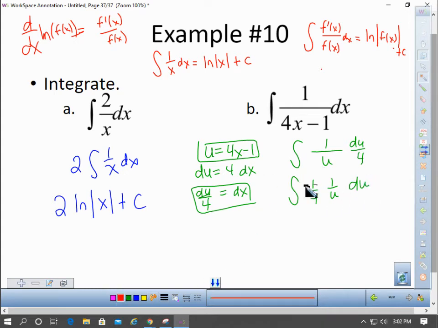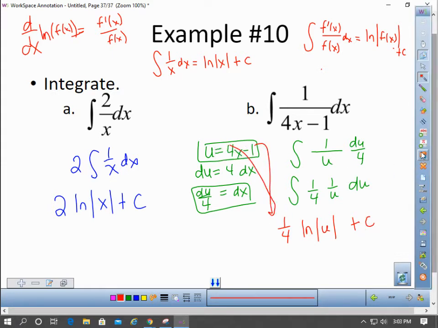Now when I do the antiderivative, I keep my fraction 1/4. The antiderivative of 1 over u is the natural log of the absolute value of u plus c. Then we just put our u substitution back in. So that'll be 1/4 the natural log of the absolute value of 4x minus 1 plus c.